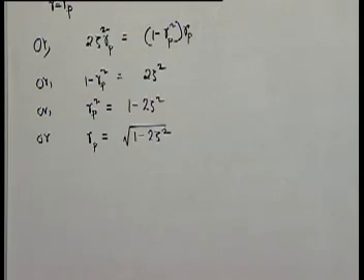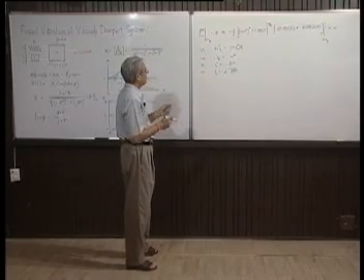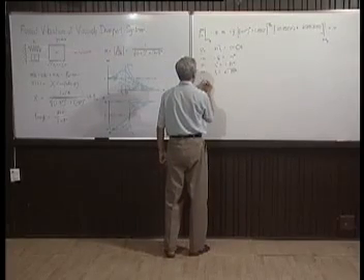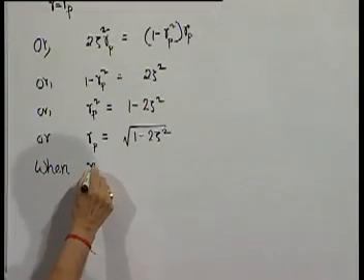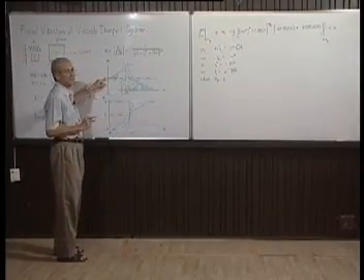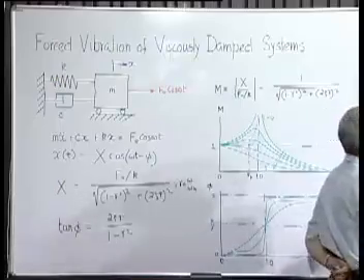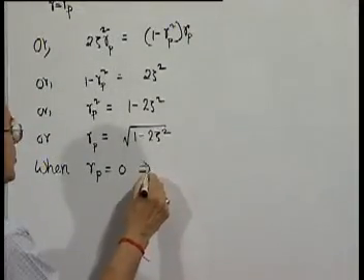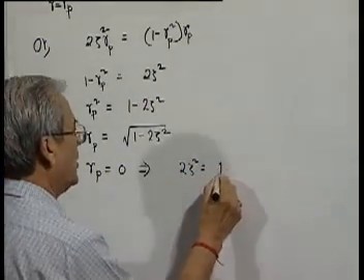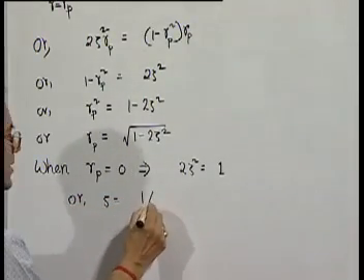There is one particular interesting situation which we will be utilizing at a later time, and therefore it is not out of place to discuss it here. When r_p is equal to 0, that means the peak itself is at the beginning, then it only reduces, that means it is tangential here. What is the corresponding value of zeta? So, this will lead to 2 zeta square is equal to 1, or zeta is equal to 1 by root 2.